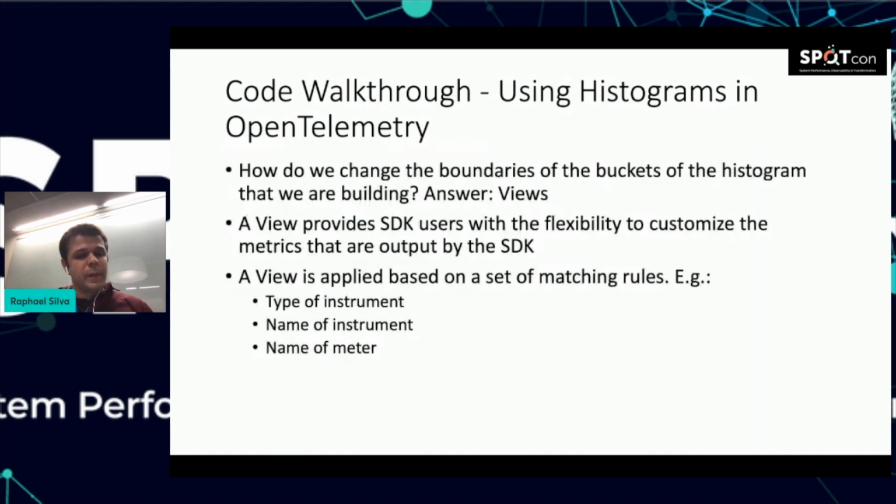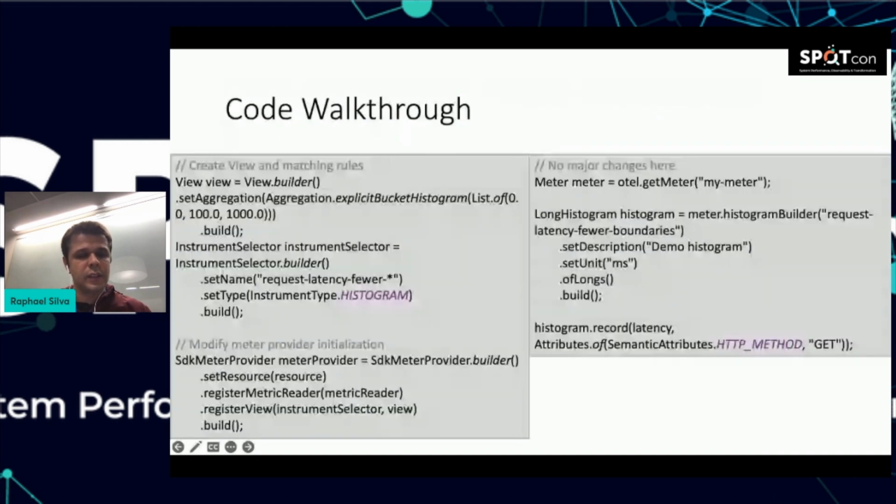A view is applied to a meter based on a set of matching rules: the type of instrument the view should be applied to, the name of the instrument, and the name of the meter. So again, doing the SDK initialization, now using the view.